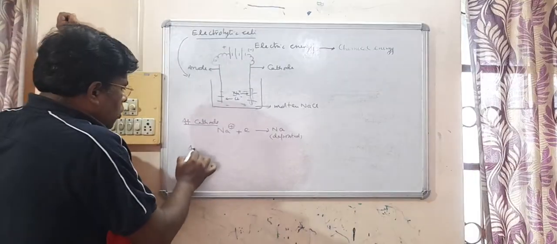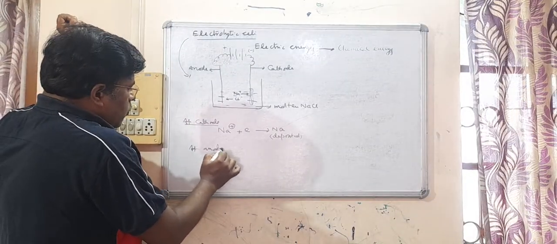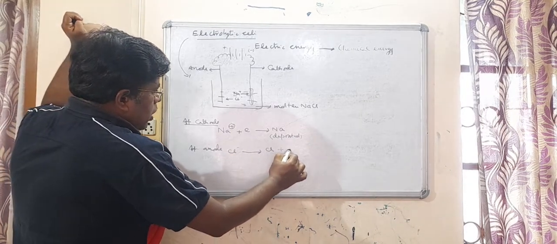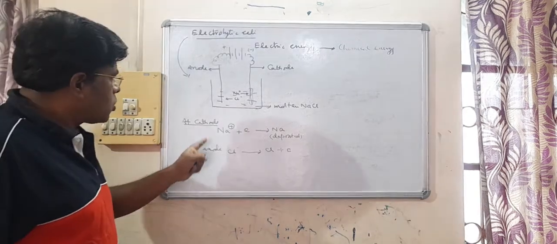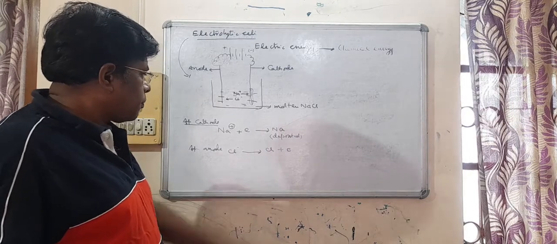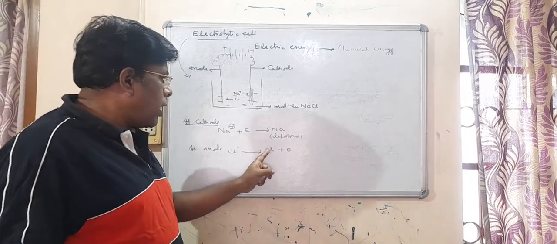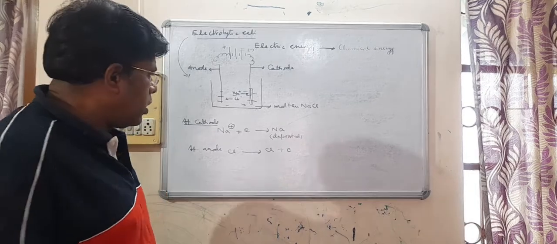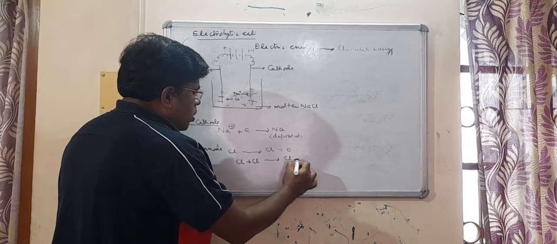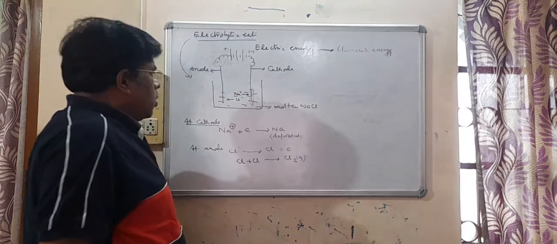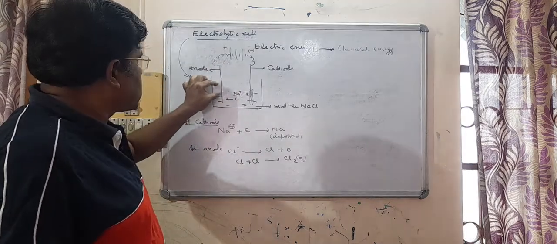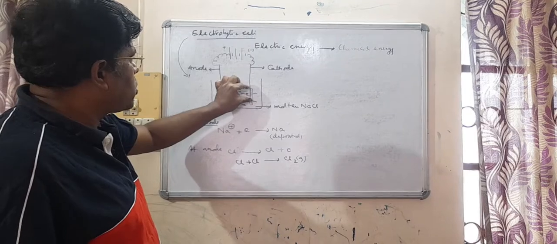And at the anode, Cl- goes to Cl plus an electron. The chloride ion will come here and lose an electron and form a chlorine atom. Now a chlorine atom cannot exist freely, so chlorine atoms will combine in pairs and form Cl2 gas. So we will get chlorine gas here and sodium deposited.